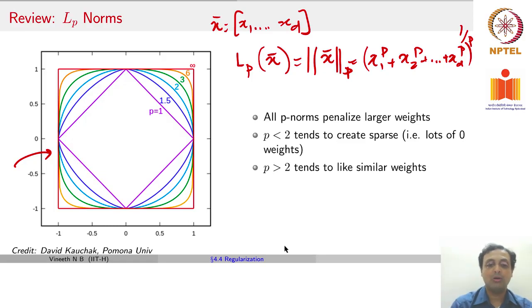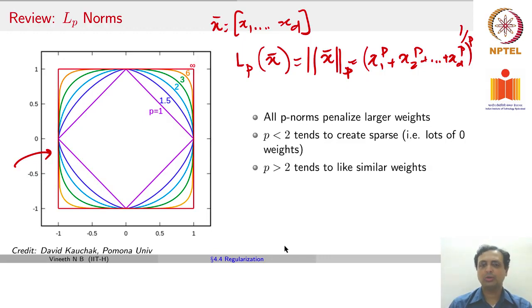If you took the unit ball of L1 norm, it looks like a rhombus. The unit ball of L2 norm will look like a circle, and L infinity norm will look like a square. L infinity norm is given by the max element of that vector.